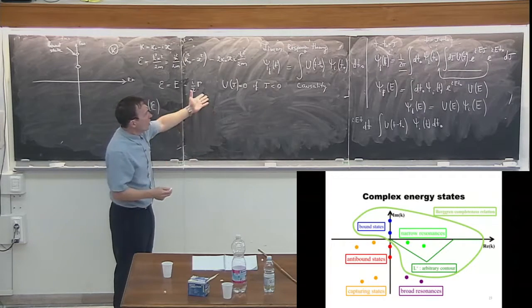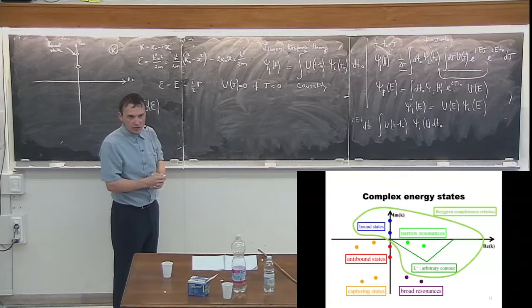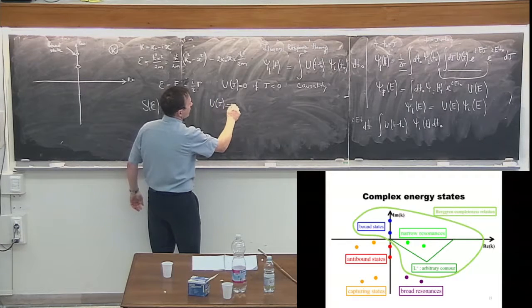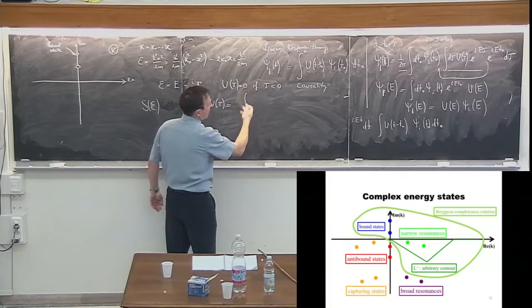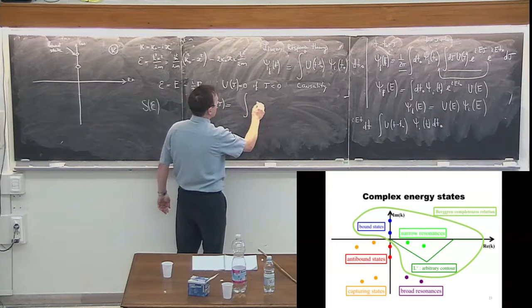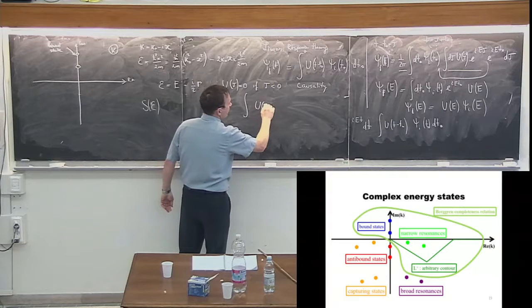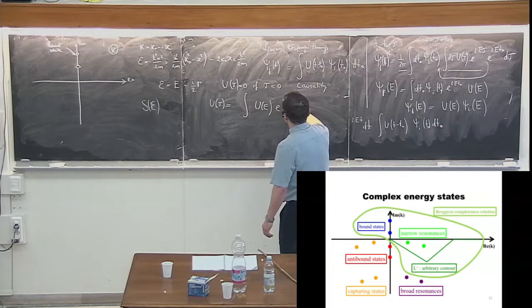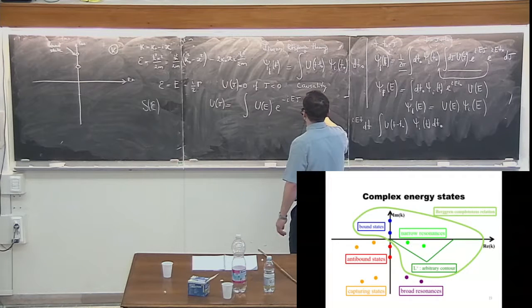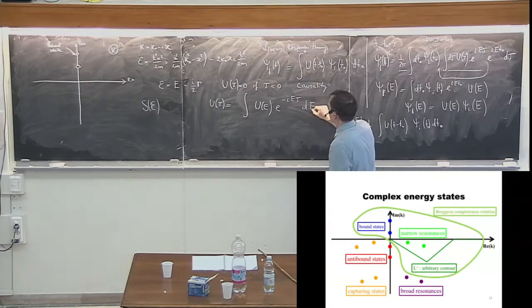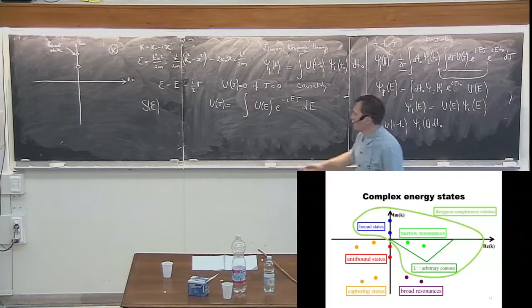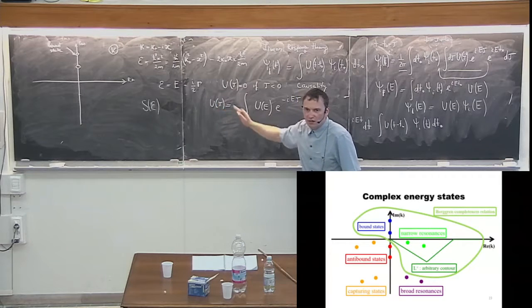Okay. So now how do we obtain this in the complex plane? My u of tau is an integral. Now I can extend from minus infinity to plus infinity. This u of e, e to the minus I e tau, d e. Okay, so we are looking at this integral, and what I have to be sure of is that if tau is negative, it doesn't work.